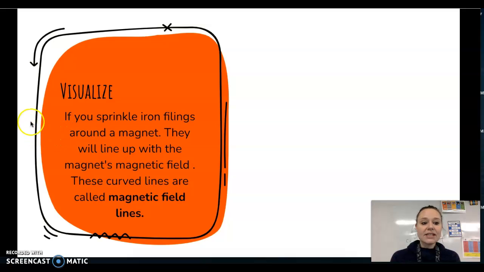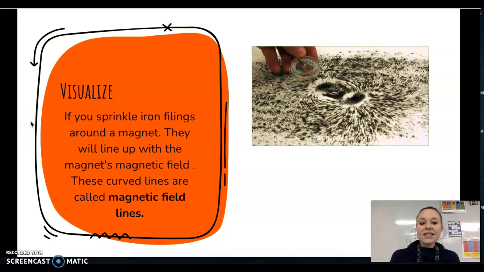So let's visualize this for a minute. If you sprinkle iron filings around a magnet, so if you take some iron filings and sprinkle them on the ground, then you take a magnet and put it over the top, those filings will start to line up and attract to that magnetic field.